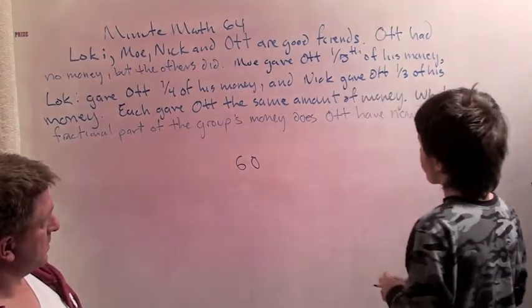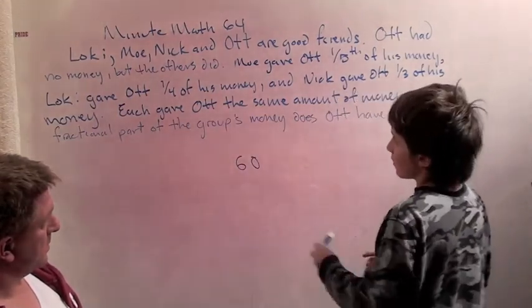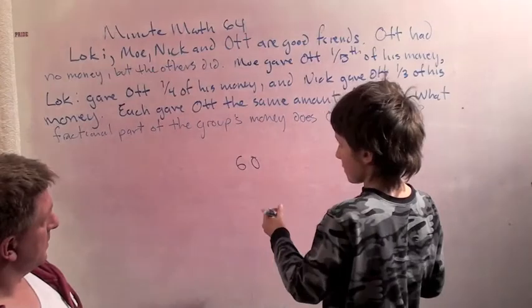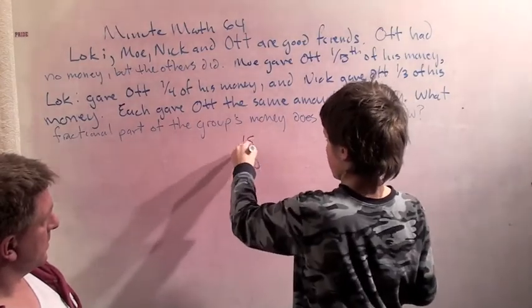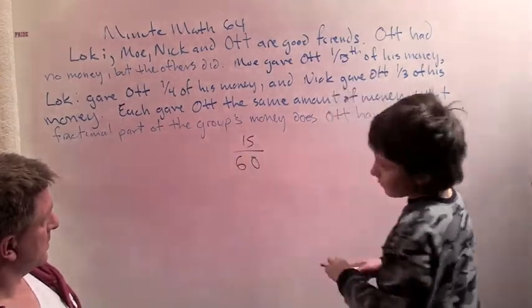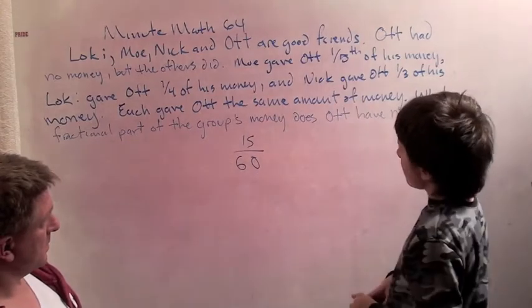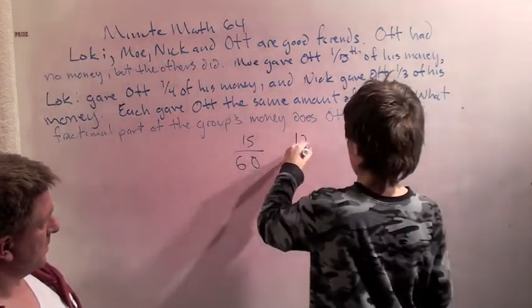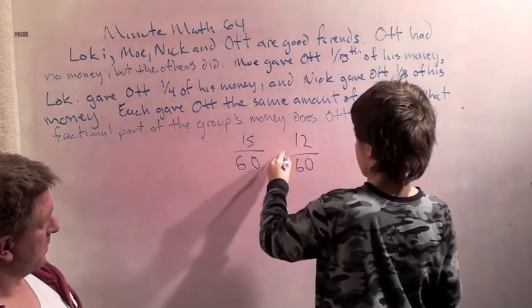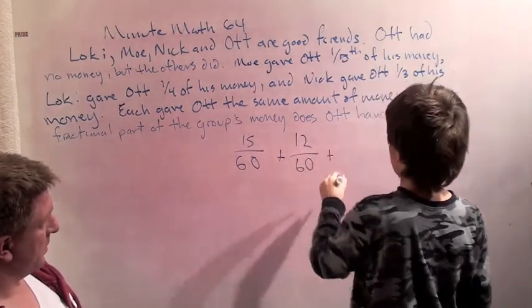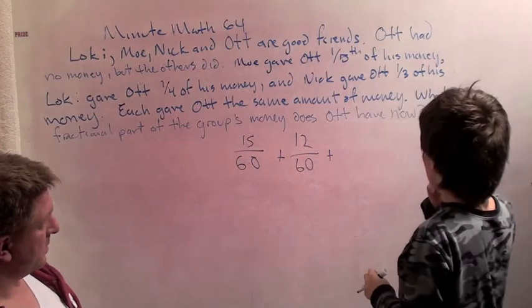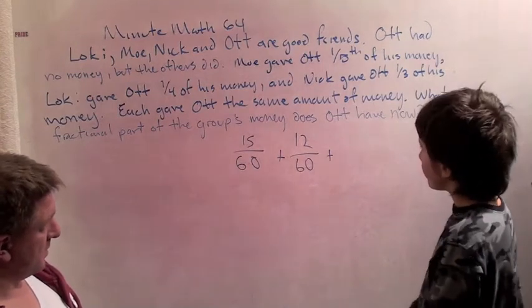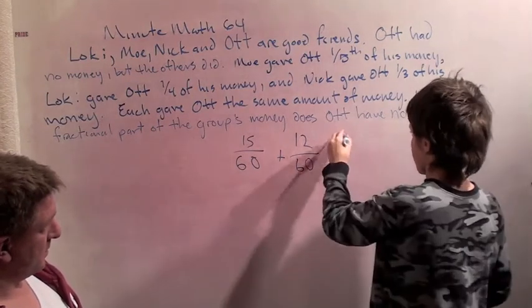So this one is 15/60ths. 1/5 is 12/60ths. This is what Ott has. And 1/3 is 20/60ths.